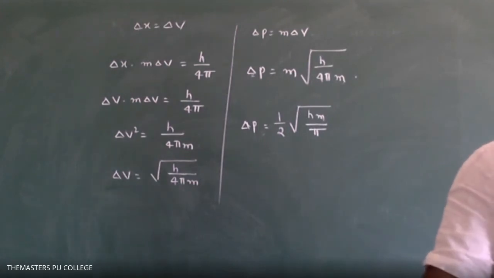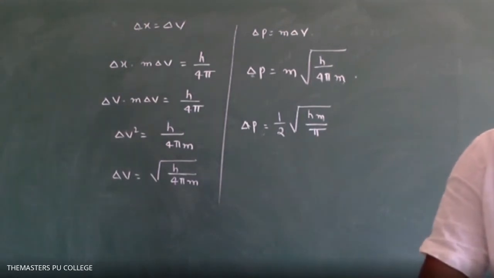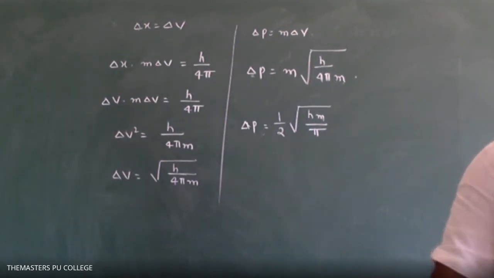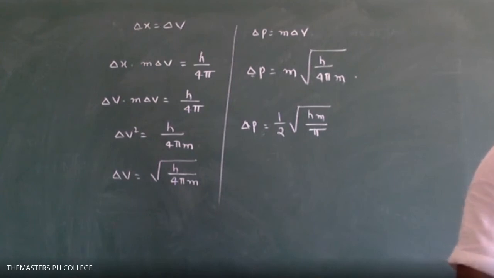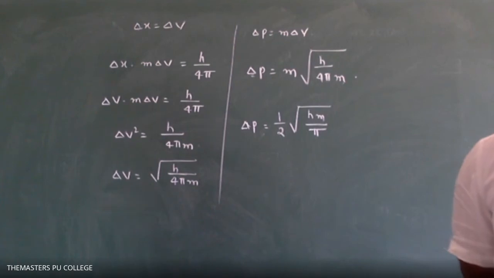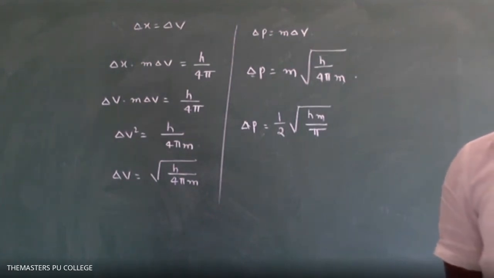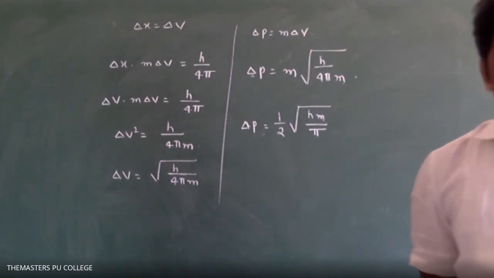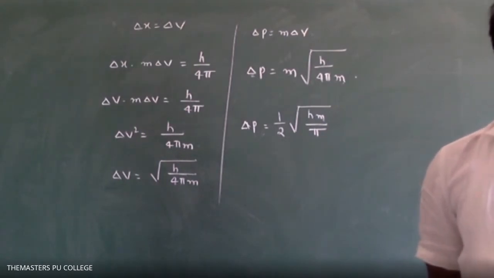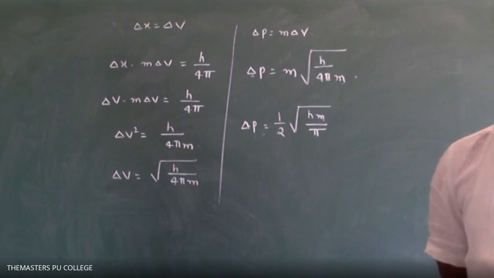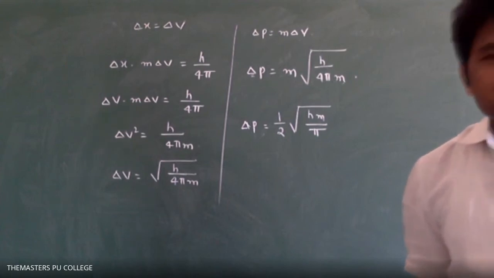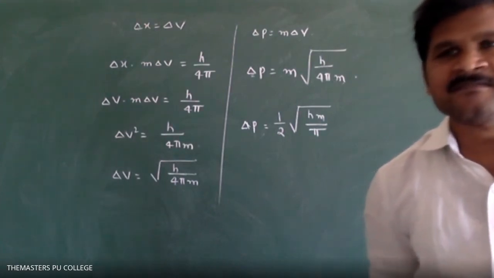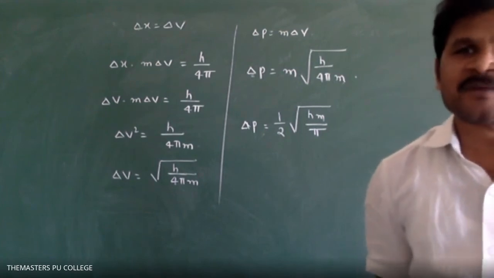Next. Which of the following statements is correct? An orbital describes the path of electron. The path of electron is not described by an orbital. Orbital indicates the region or place where the probability of finding an electron is maximum. So it does not tell about the path of electron.